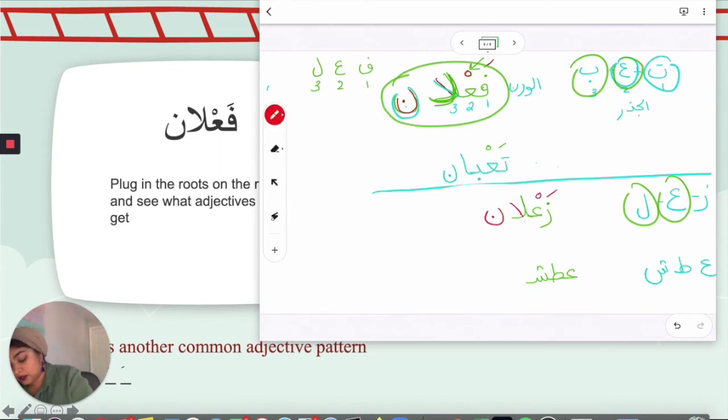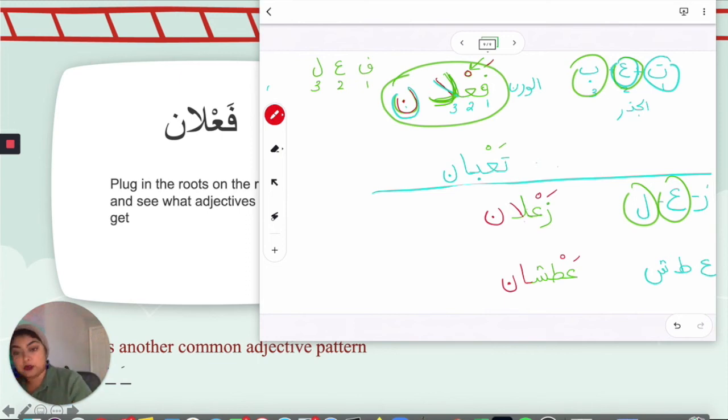Everything else we keep the same. And we get atshan, which is thirsty. That's an adjective for being thirsty. So notice, you're not always going to be ta'aban, tired. You're not always going to be thirsty. You're not always going to be upset. That's why these are adjectives that are temporary.